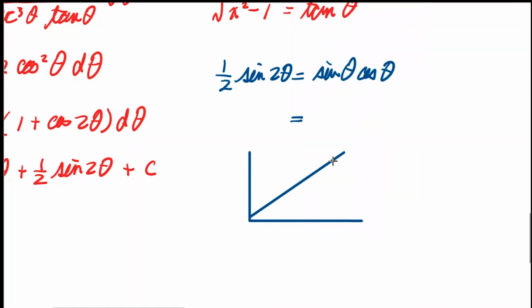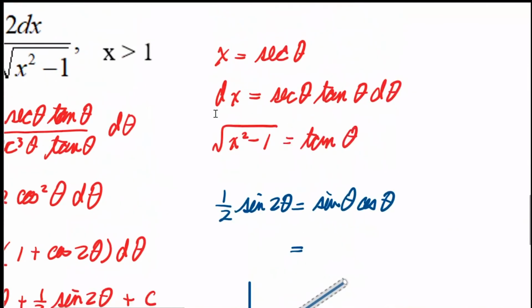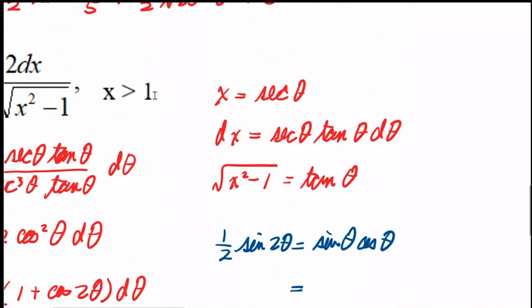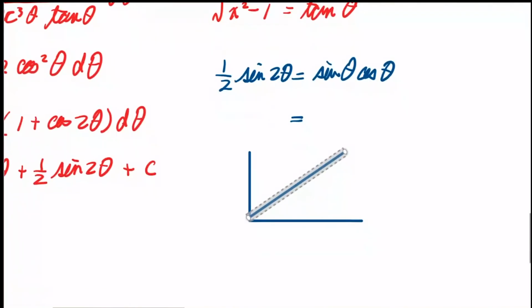Oh, usually it is first and second, but this condition is positive only. You get it? Because x is positive only, meaning secant theta is positive only. Okay, first quadrant, right? This is positive.